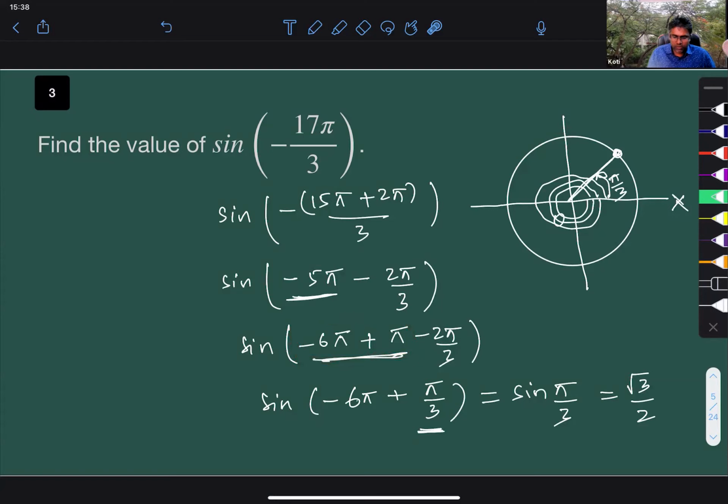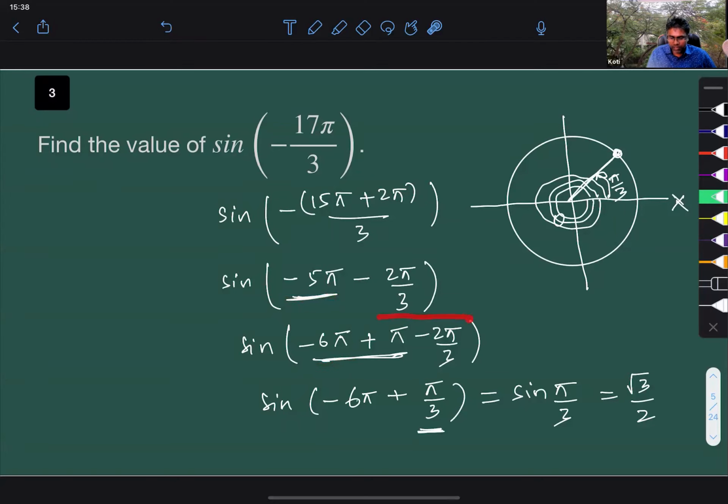So I'm trying to generate an integral multiple of 2 pi, because if I have an integral multiple of 2 pi, I know that it is going to bring me back to the original OX reference line, so I can simply ignore it. That is why I'm converting this minus 5 pi to minus 6 pi plus pi.